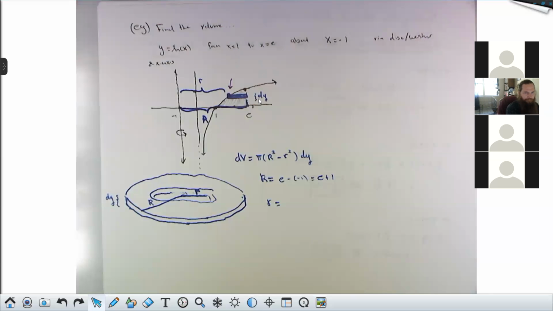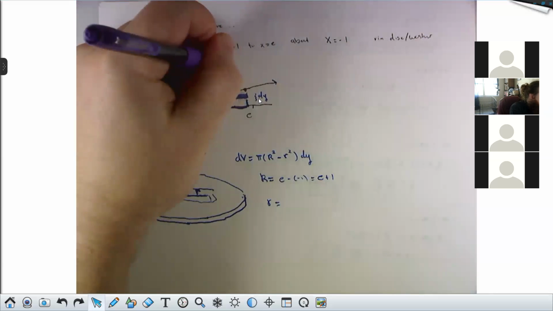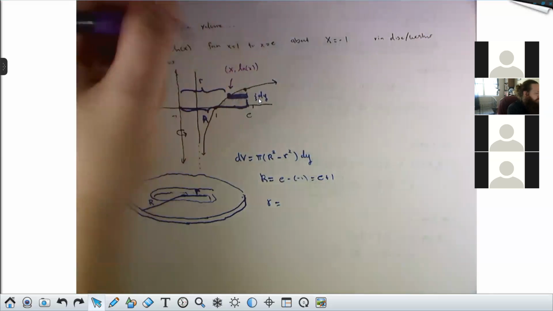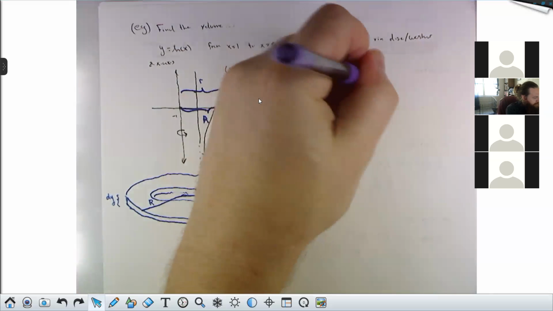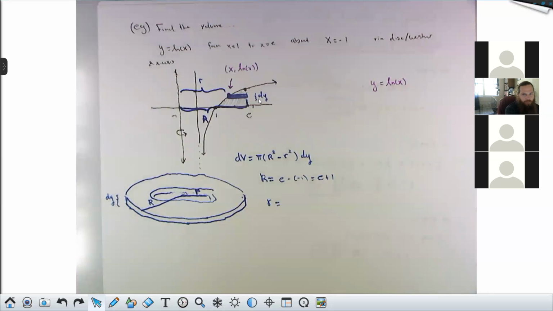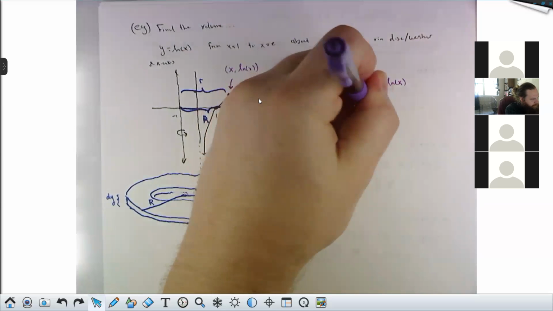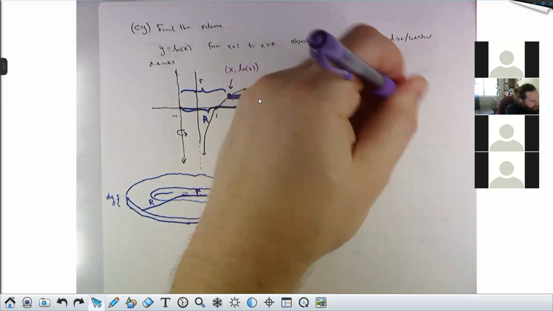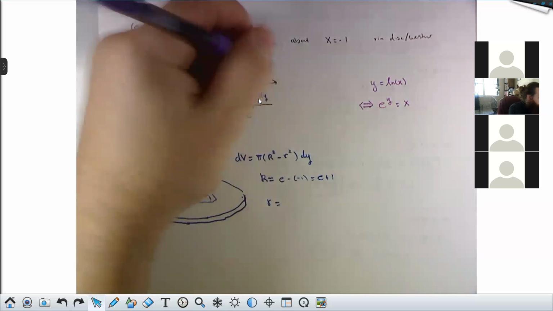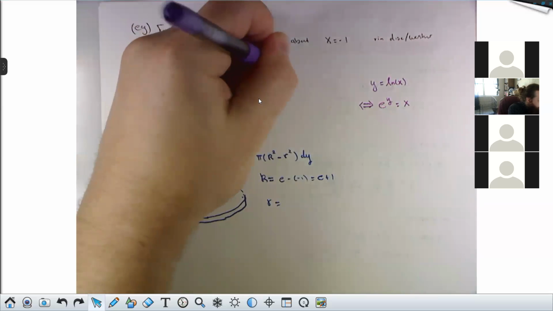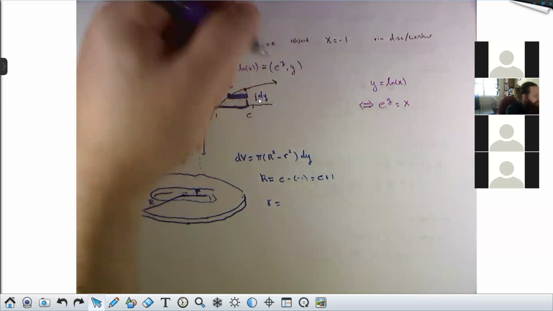So this point on the curve y equals ln x can be thought of as x comma natural log of x, because y is equal to the ln of x along that curve, right? That's what that means. But you can rewrite this as e to the y equals x. So this point is the same as saying e to the y comma y.